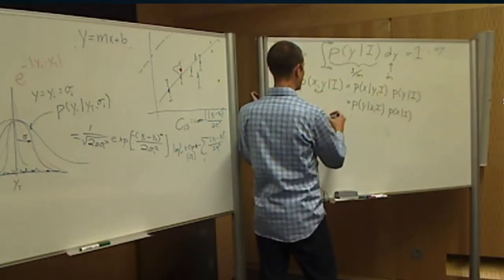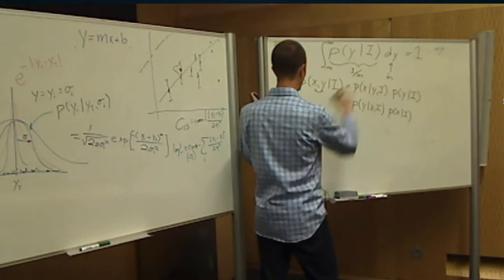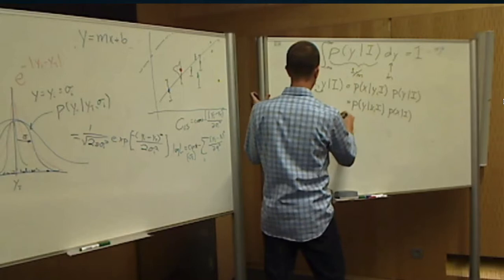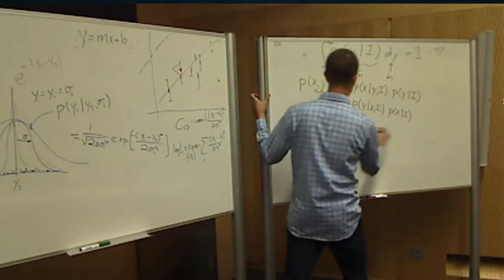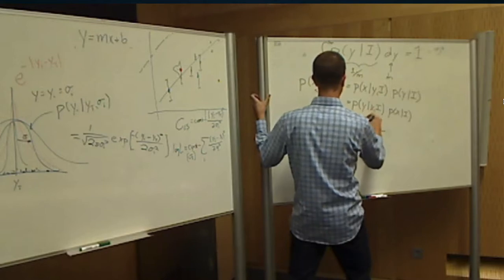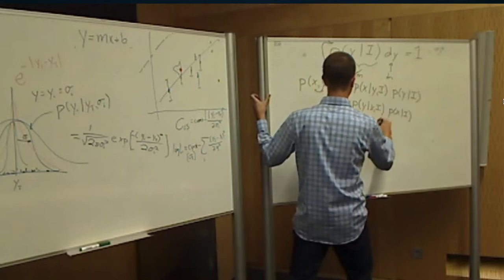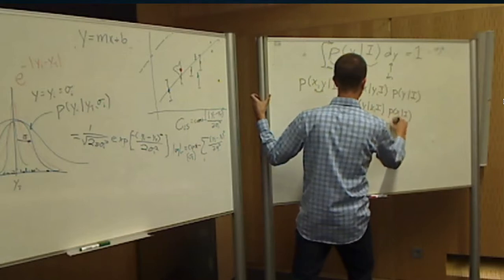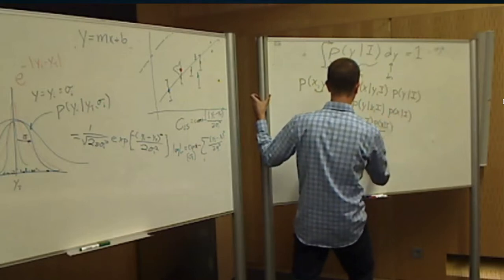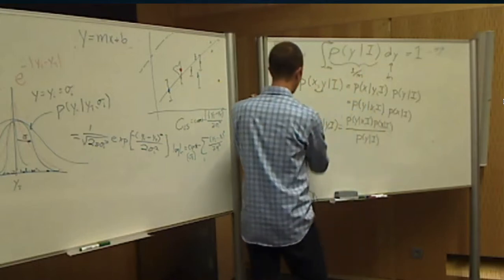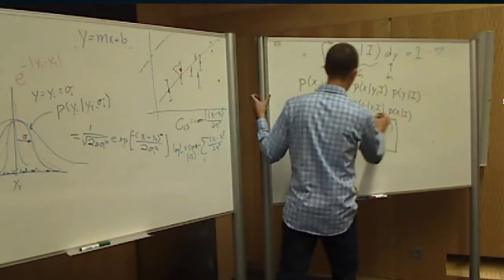So, and then we end up with, somewhere here, p of x given y and I is equal to the quotient of p of y given x and I times the probability of x given I, all divided by probability of y given I. So this is a really important result.